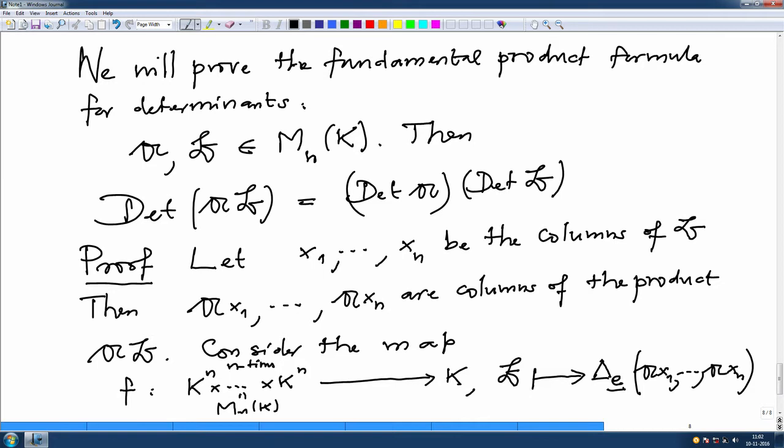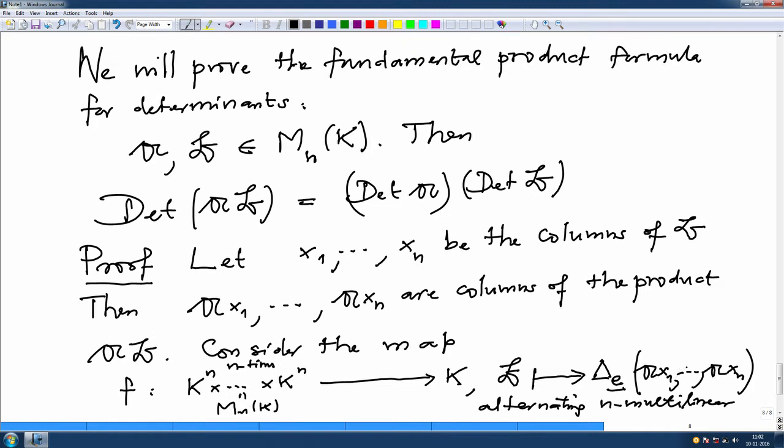First thing I want to check is that this map is alternating and n-multilinear. First let me check multilinearity, that is, multilinearity in each variable.